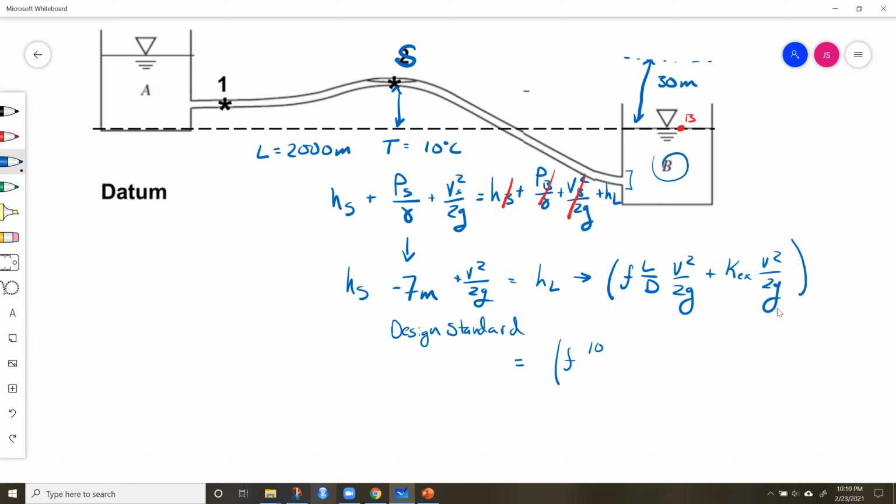So the whole length is 2,000, but this length right here is 1,000. That's our diameter. K exit is always 1. And then we can take out the velocity squared over 2g because it's going to be the same.